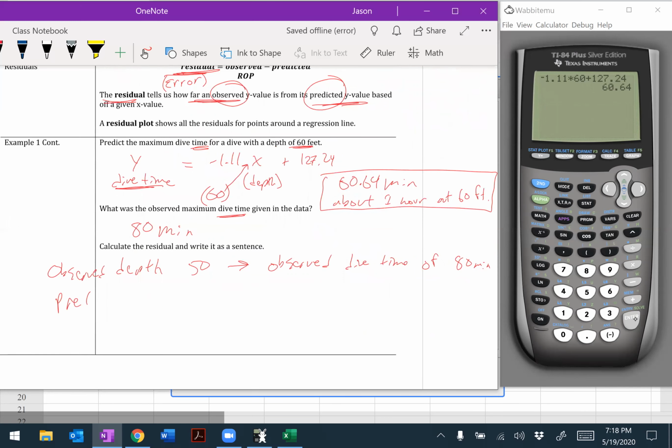What would be the predicted? A depth of 50 is going to give me a predicted dive time of what? Well, here I have to calculate it. It's negative 1.11 times 50 plus 127.24.